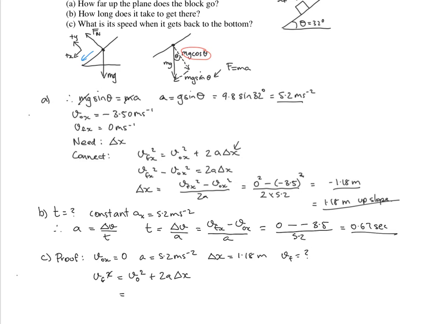Put a square root over this. Then this guy cancels because that was 0. And we can say it's the square root of 2a delta x. Put in the numbers, and we get 2 times 5.2 times 1.18, square root, 3.5 meters per second. That's our answer. So we proved it, but intuitively we kind of know that that's the case. Remember, intuitive thoughts can sometimes lead you astray with physics.